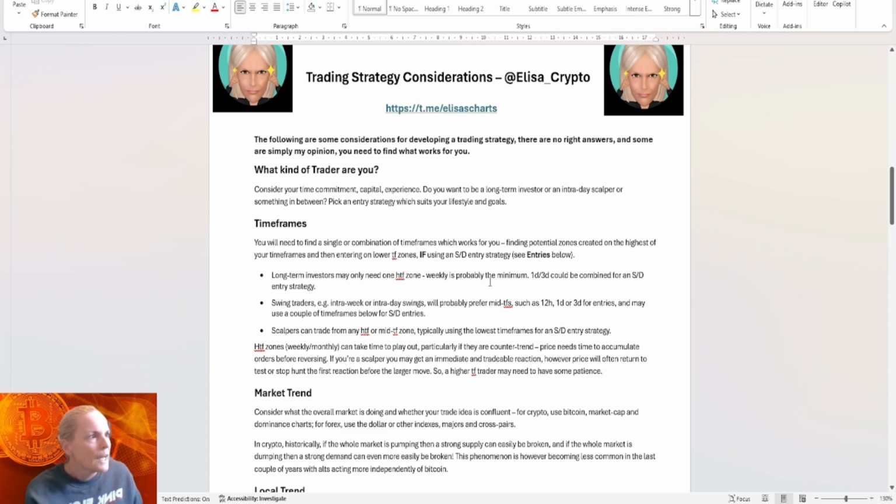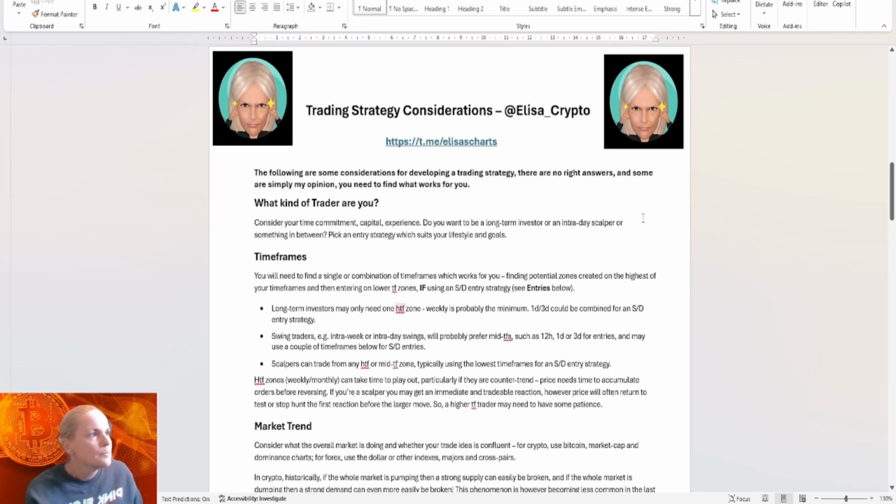And I'm doing this a bit off the cuff as well, so I don't know how easy it's going to be, or how much I'm going to need to flip back and forth to the charts to actually give examples. Second page, I'm talking about trading strategy considerations. As I've just said, you need to consider your time commitment, your capital, your experience.